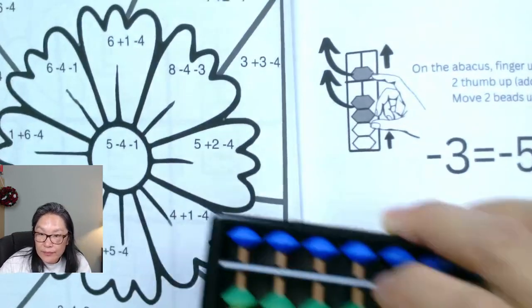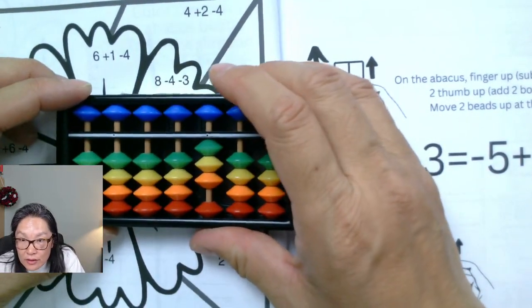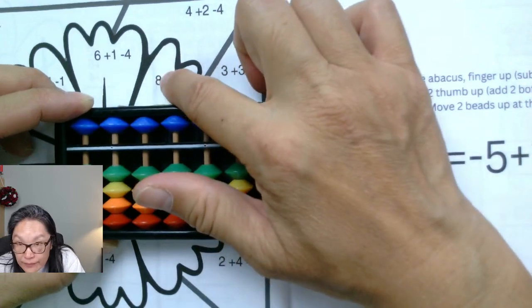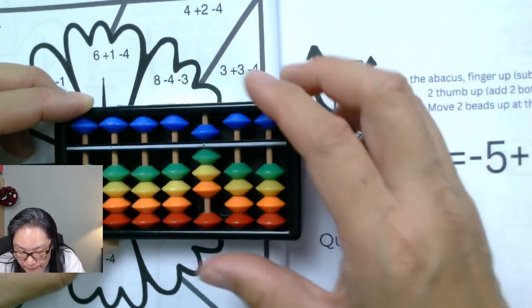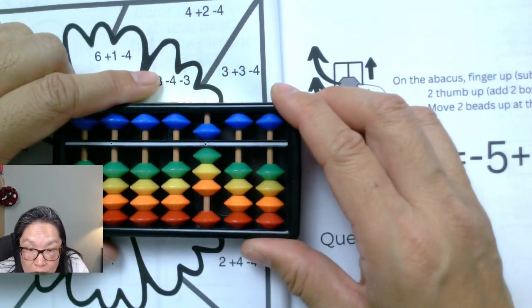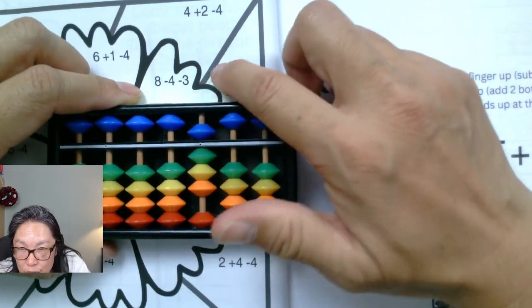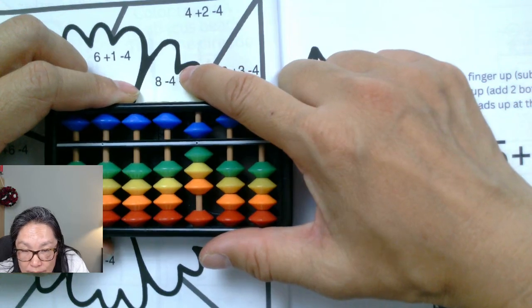So let's do this one, right? We have 8. And then we minus the 4. How do we minus the 4? Do we remember how to take away the 4?